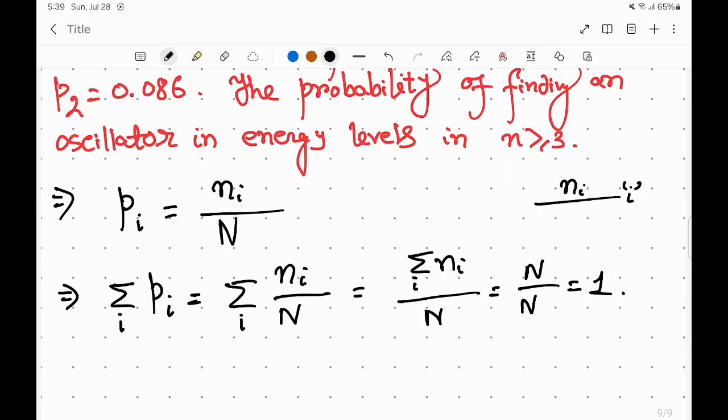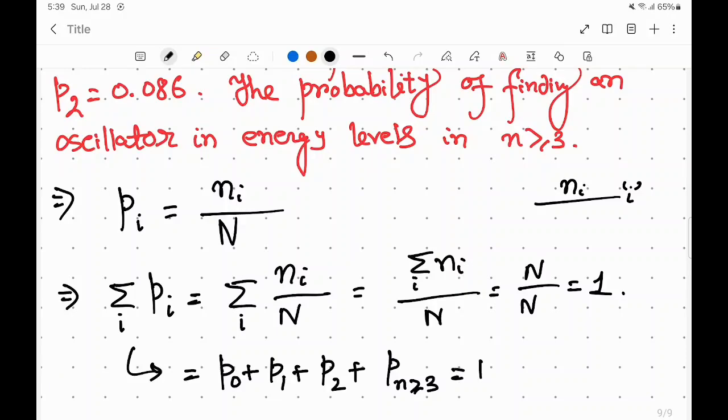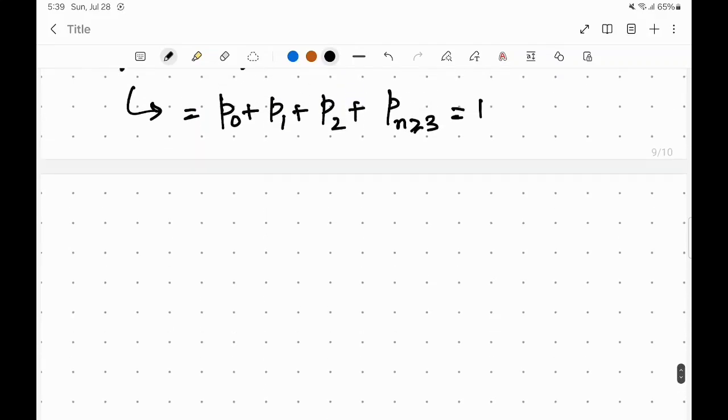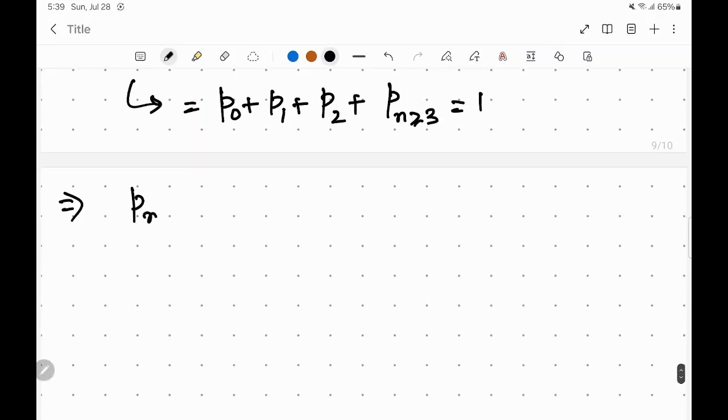So if the total probability must be 1, you can write it as P0 plus P1 plus P2 plus P for n greater than or equal to 3. Correct? So that is 1. Now you have to calculate this part. This is a very straightforward question: 1 minus P0 minus P1 minus P2.